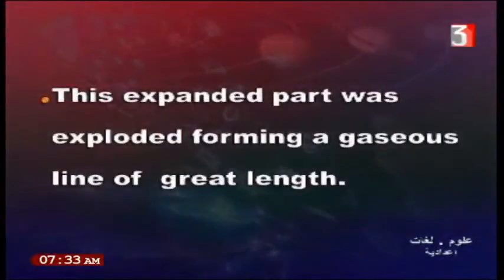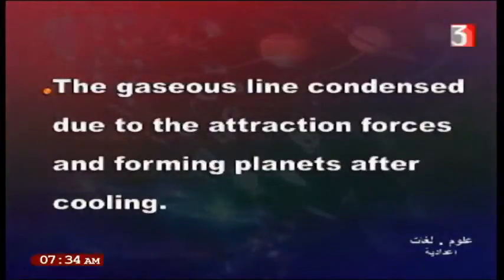This expanded part exploded, forming a gaseous line of great length. So, the sun escaped from the gravity of the star due to explosion, and the gaseous line condensed due to attraction forces, forming planets after cooling.